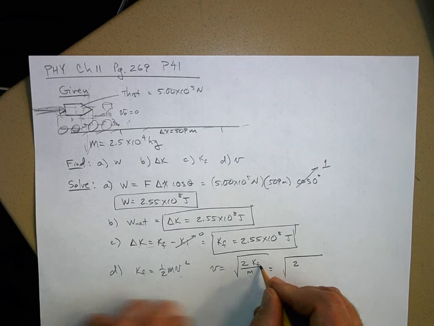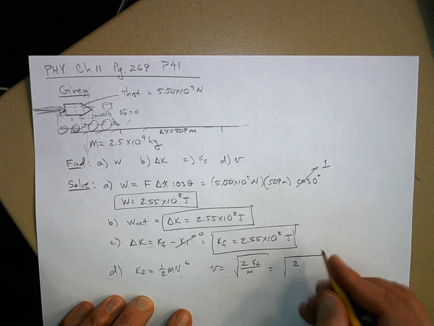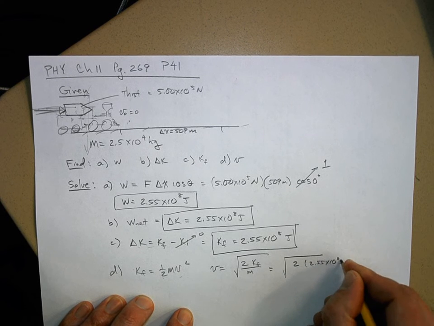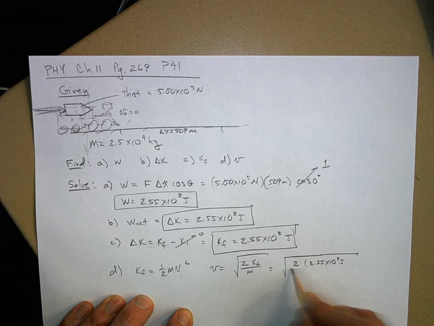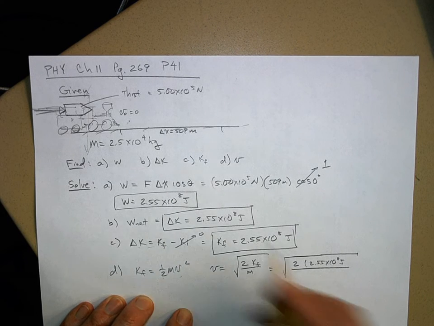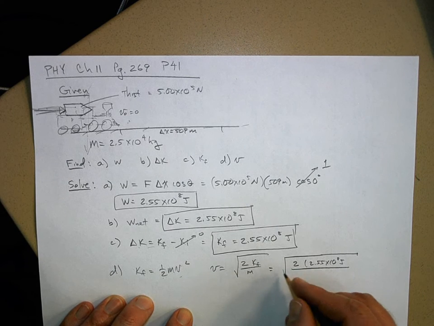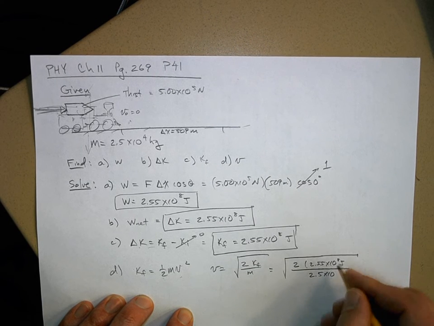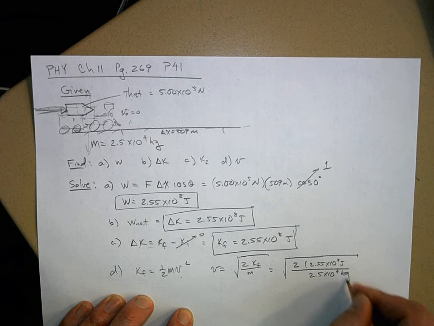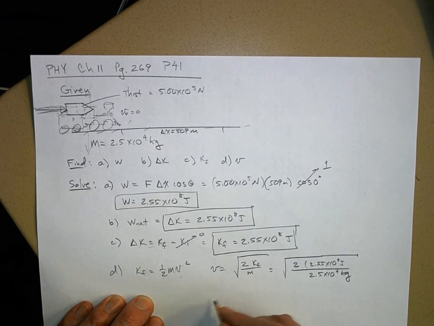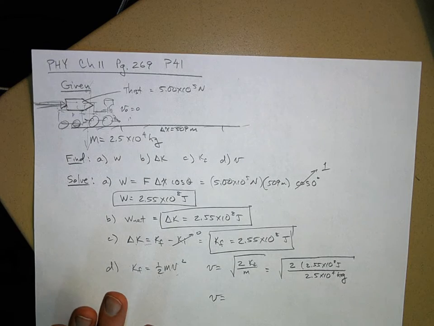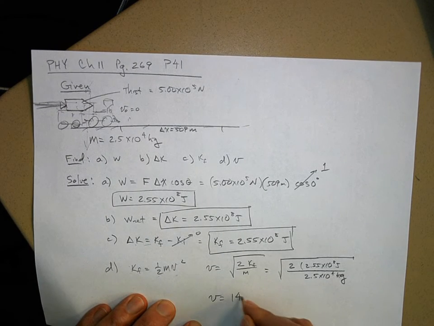The final kinetic energy we found in part C was 2.55 times 10 to the 8 joules divided by the mass, which is 2.5 times 10 to the 4 kilograms. And when you do the arithmetic, you get 143 meters per second.